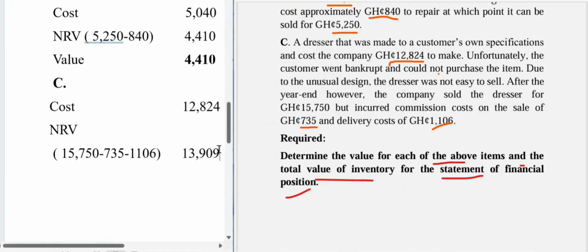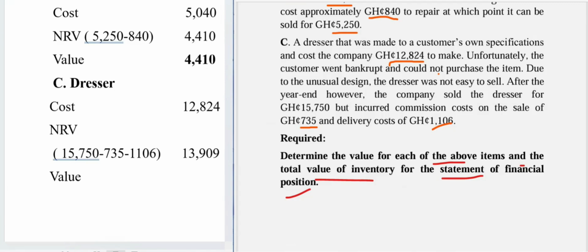So comparing these two, let's name the item. What item are we valuing? A dresser. So with the dresser, the cost is 12,824, and the net realizable value is 13,909.